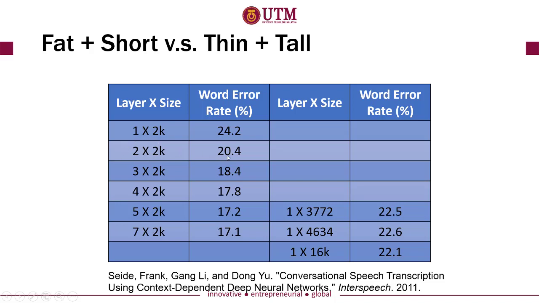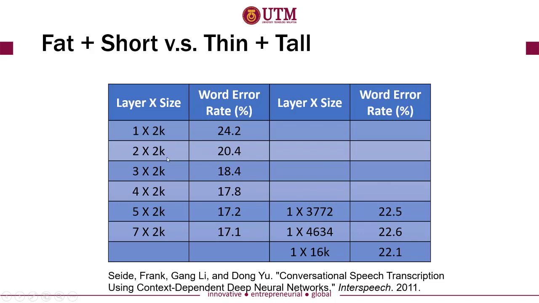Now the word error is 20.4%. Compare this with this one, because the total number of neurons here is also 4000 something, almost similar to this architecture. But in terms of word error rate, this one is better, which is 20.4.